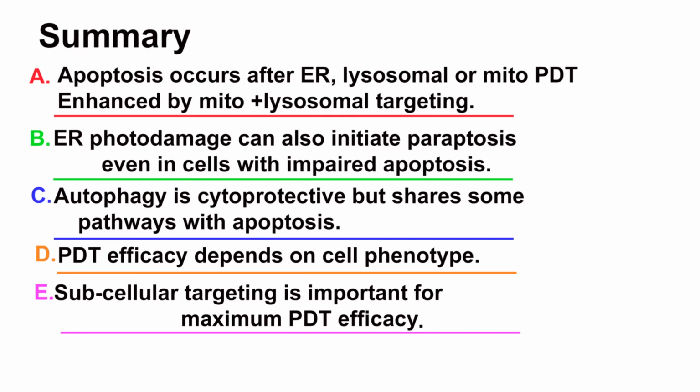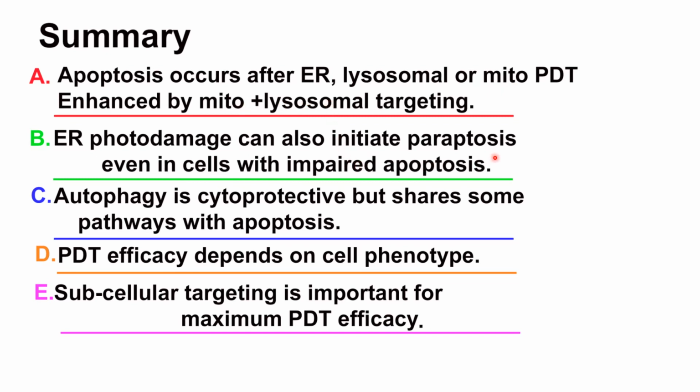So to sum up, in addition to identifying photosensitizers, it's important to explore targeting and cell death modes to produce the maximum anti-tumor effect. So we see apoptosis after ER, lysosomal or mitochondrial photodynamic therapy, enhanced by this combination.